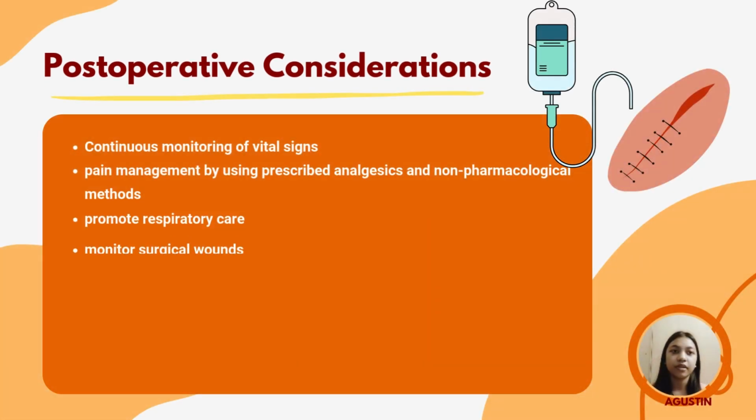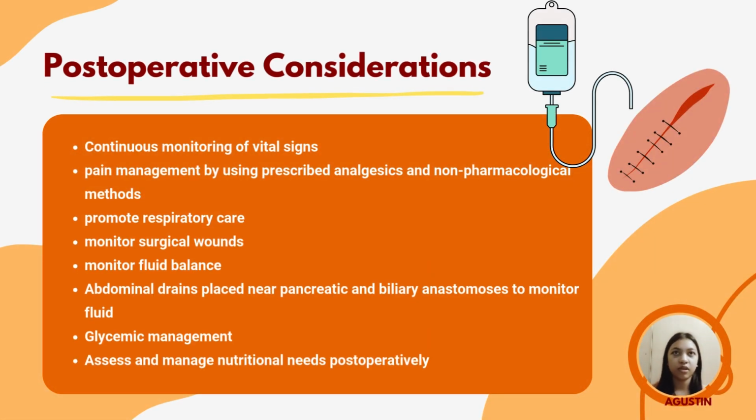So for the post-operative considerations, we need to monitor vital signs continuously as well as abdominal assessment to detect early signs of complication such as bleeding or infection. Next, manage pain effectively using prescribed analgesics and non-pharmacological methods.